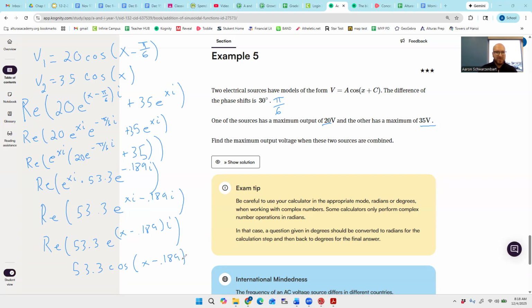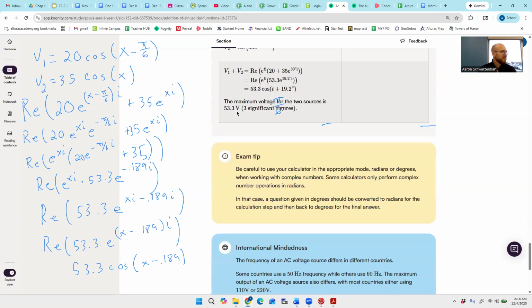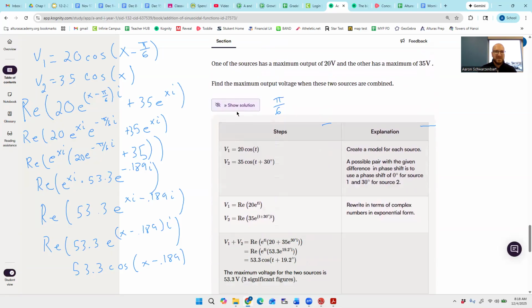So my maximum voltage is 53.3. That kind of makes sense. So I guess they did it in degrees. I would not do it in degrees, and they did plus.